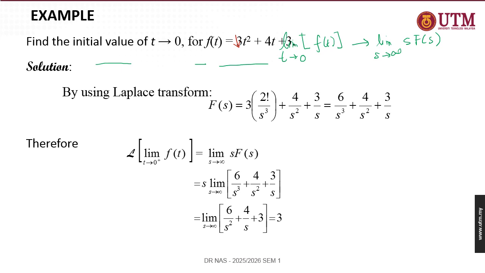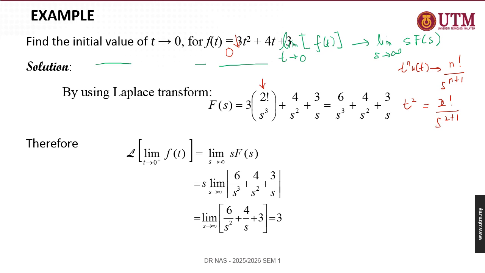For example, we have 3t squared here. From the basic equation, for t to the power of n times u(t), the Laplace transform is n factorial divided by s to the power of n plus 1. Here n is 2, so it is 2 factorial divided by s to the power of 3.